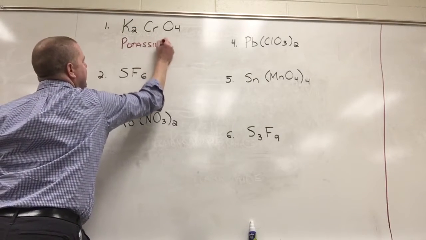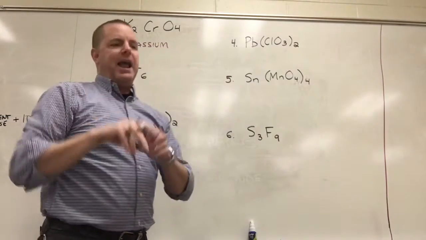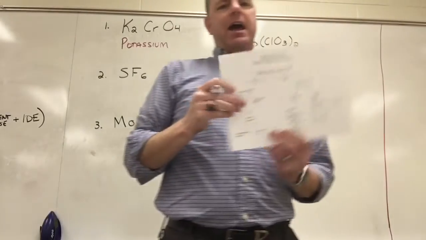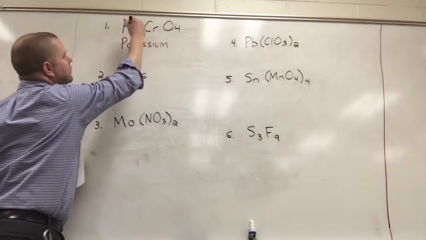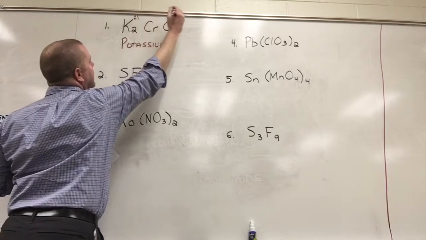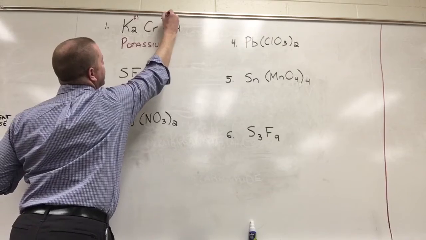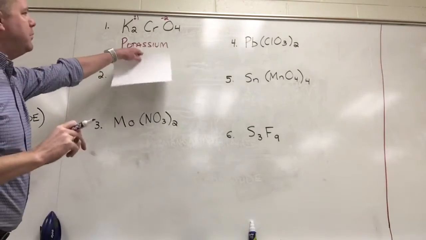Now, after that, we stay on the yellow brick road and go to our anion question. The anion comes after the metal, and it doesn't matter if there's two of them. The only reason there's two of them is because we needed a +1 and a +1 to account for the -2 charge of chromate. But this is just potassium.